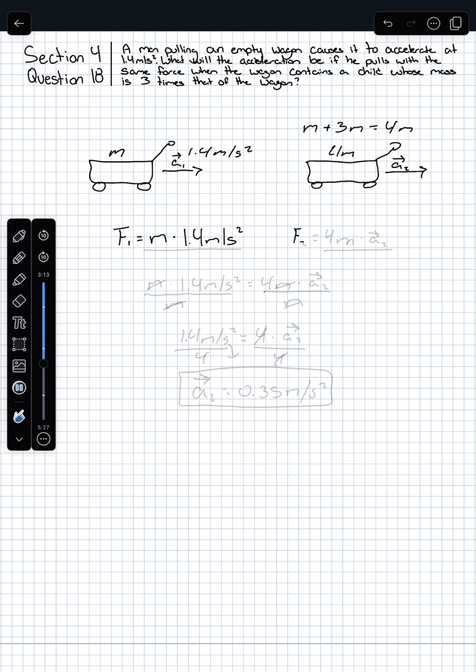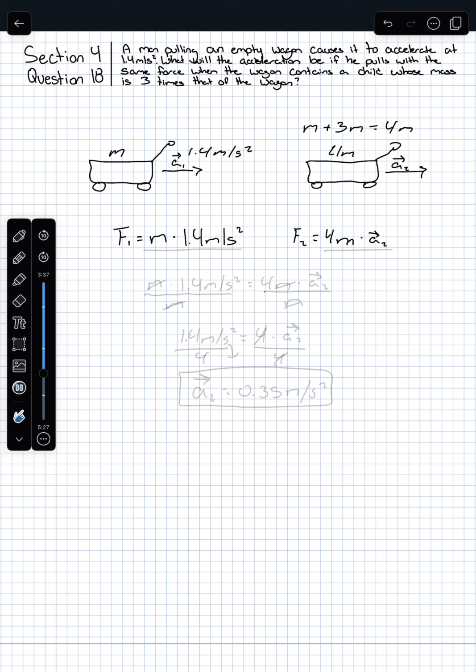So now we have the second force, which is equal to this mass, 4m, times the second acceleration, which is what we want to find out.